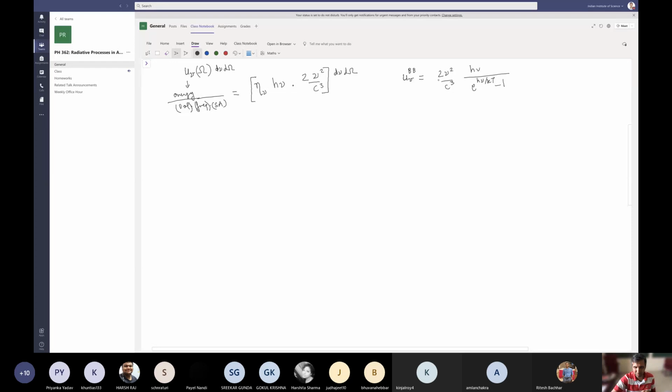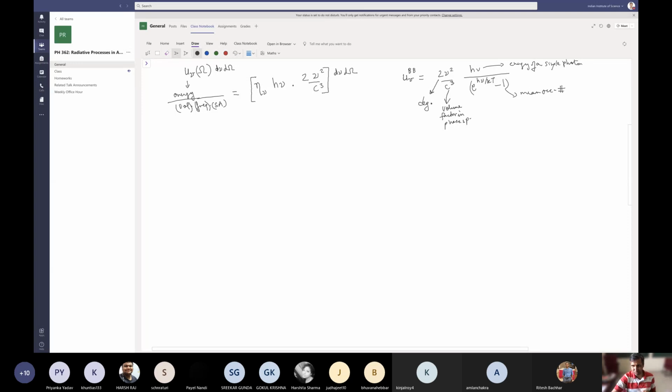Okay, so let's recap. This was the degeneracy factor. This nu squared d nu was related to the volume factor in phase space. This h nu was the energy of a single photon. And this factor was the mean occupation number, right?